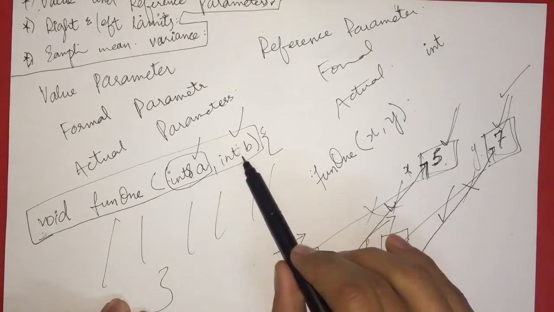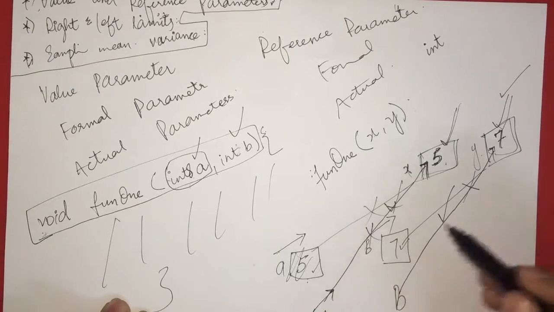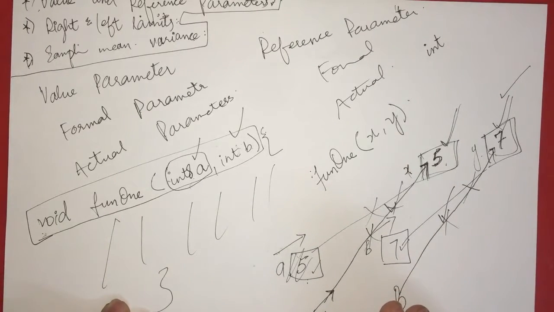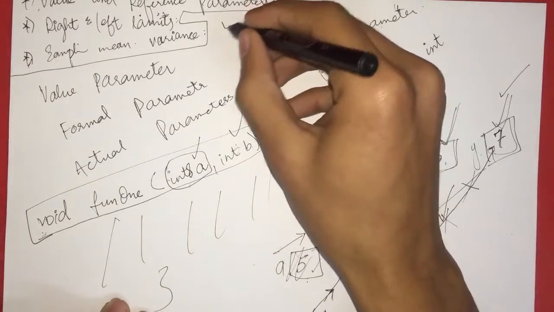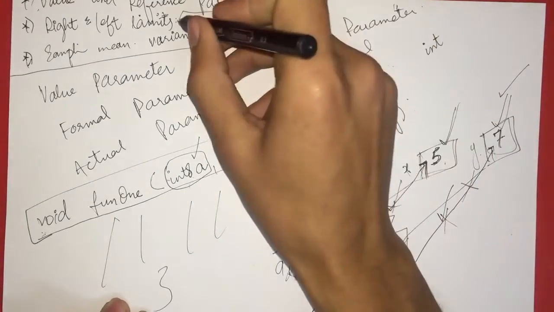But when it's a value parameter, the formal parameters receive a separate copy, and they have no connection with your actual parameters. We did a program at the university regarding this, but I don't have much time, so instead I'm going to jump onto right and left hand limits and solve a question related to them.